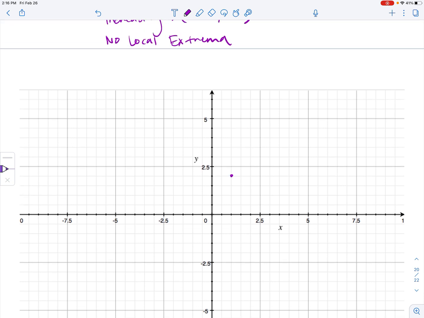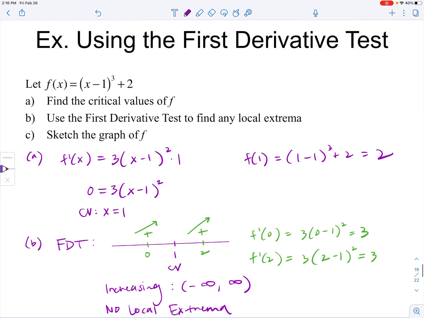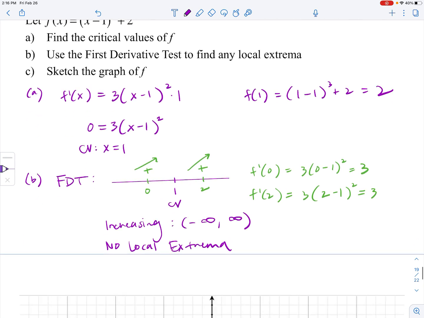Okay, so at the point 1, 2, there's a horizontal tangent line, and then the graph is increasing to the left and the right. And then falling back on your pre-calc knowledge, thinking translations, transformations, the parent function here would be x cubed, shifted right 1, up 2, right?